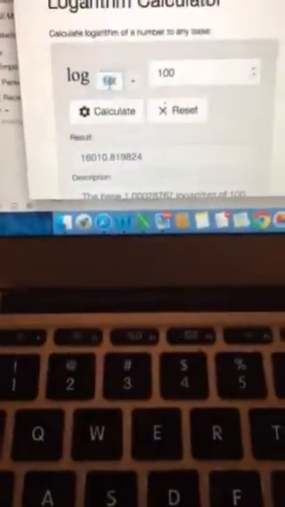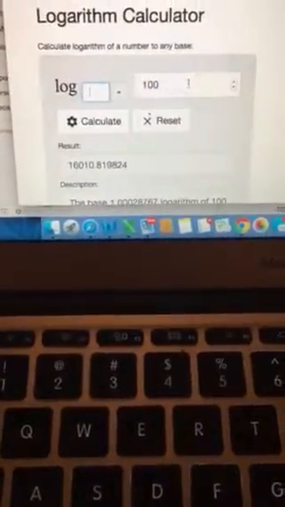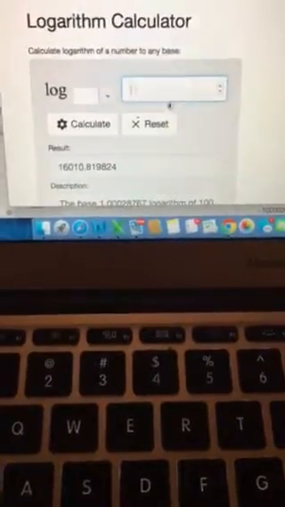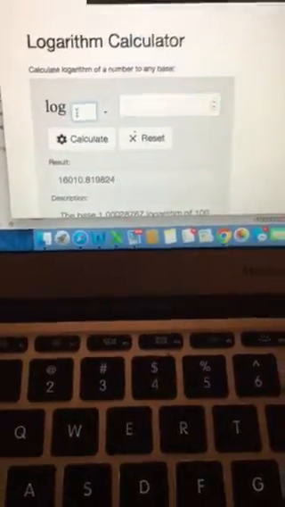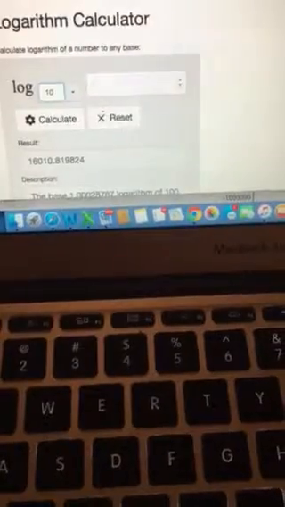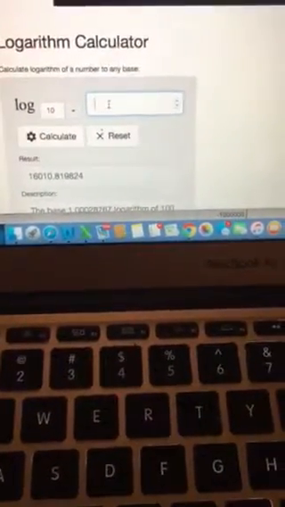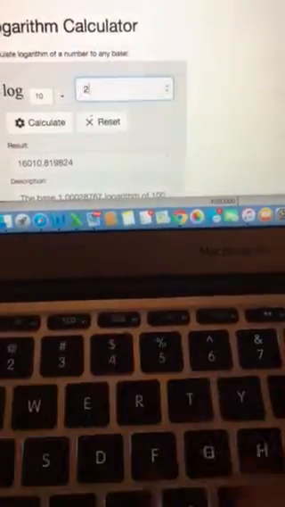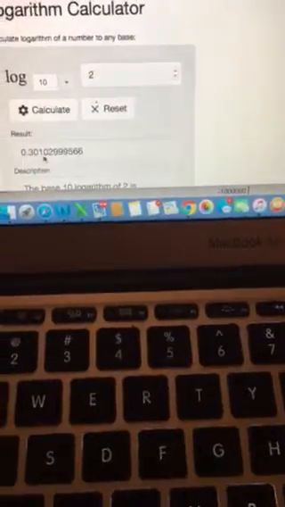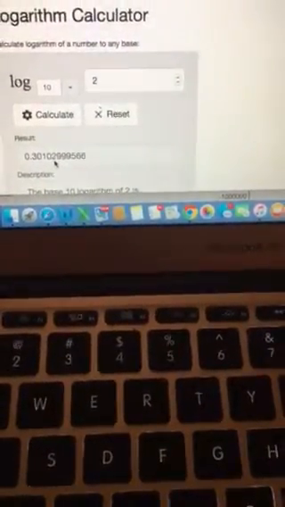If we wanted to evaluate those, we could use our logarithm calculator. Let's get a decimal on this one. Log, I'm going to put in a 10, of 2. So calculate on here. It's 0.301. So that's what this log is actually representing.